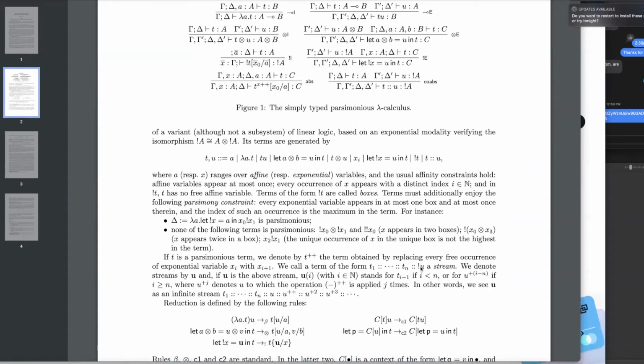In that sense, your intuitions about bang are somewhat similar to the pi calculus nu. Does that make sense? Yes. And is this u referring to t, or is it a completely new term? This is some other term. u does not refer to some t. u is some other term. Okay, okay.